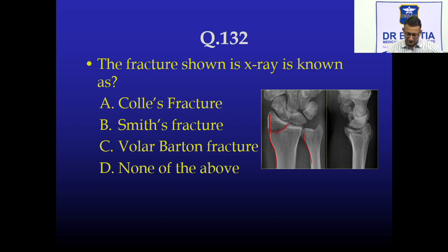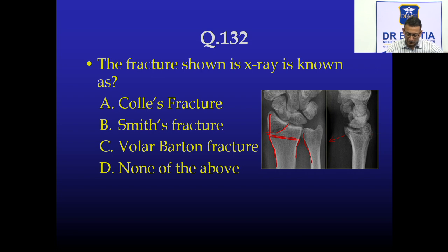In the lateral X-ray you will see there is no movement of the distal fragment either on the volar side or on the dorsal side. If the fracture occurs at the cortico-cancellous junction, where the cortex thins down and becomes cancellous bone, in this region, that is called a distal end radius fracture.